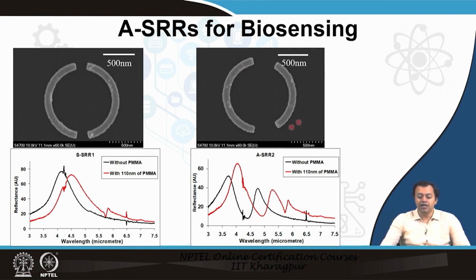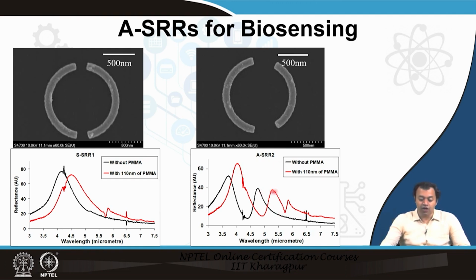Now you cover the entire structure with a thin layer, thin as in 110 nanometer of PMMA, and that is enough to create a refractive index change of 0.49 or 0.4, which results in redshift.